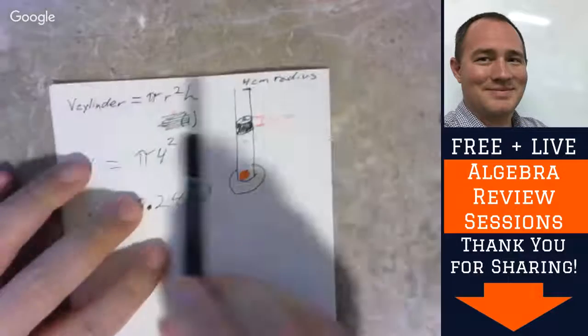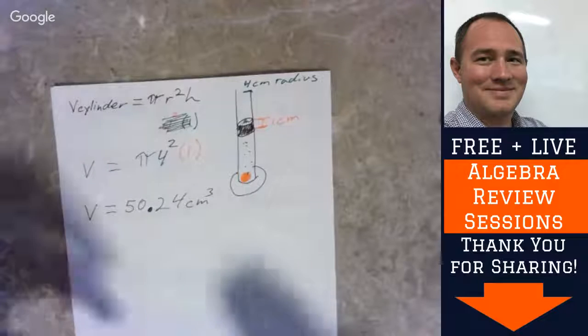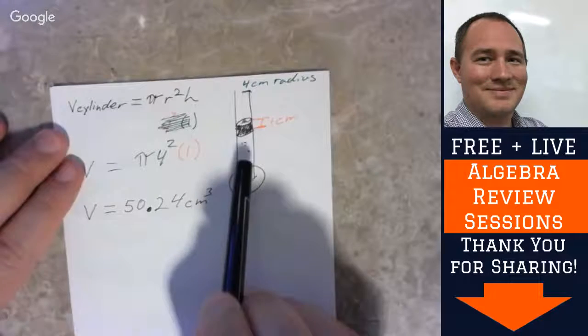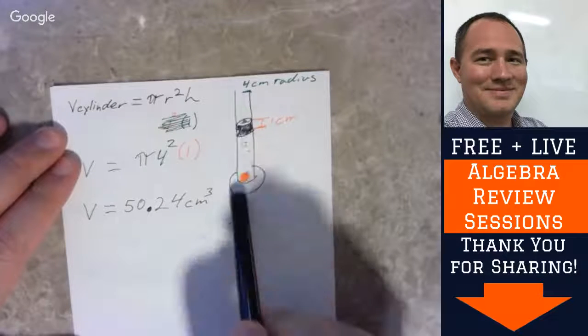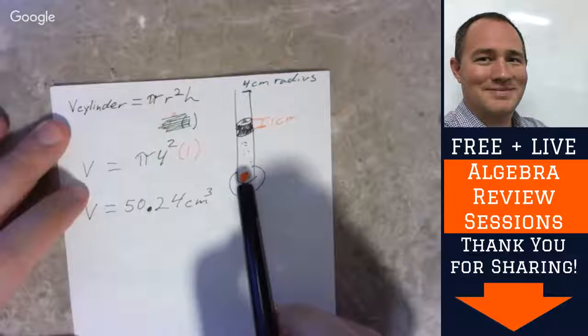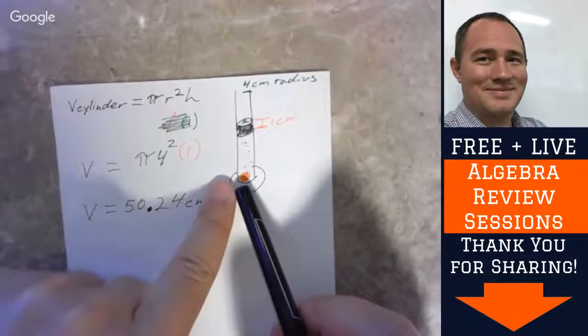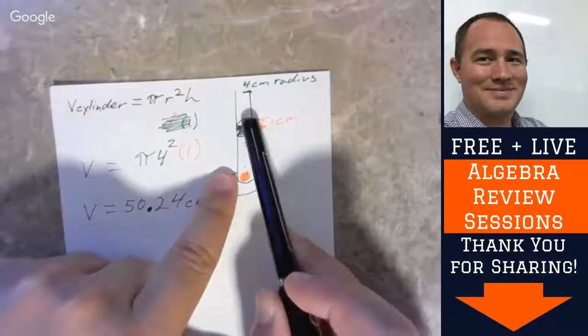So yesterday we did an example with volume, and volume would be like if we were filling this with water. So this is a cylinder. In this particular example, we dropped a marble into this graduated cylinder or beaker, not sure which one it is, and it caused the water level to rise by this much.